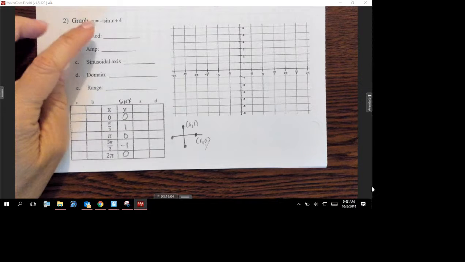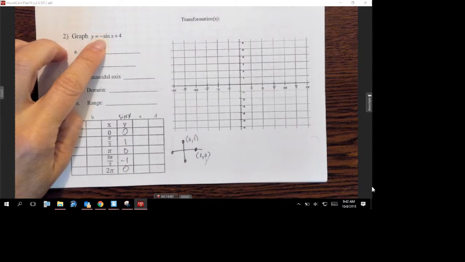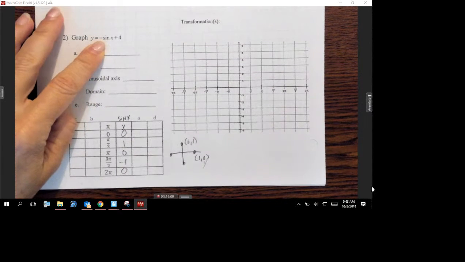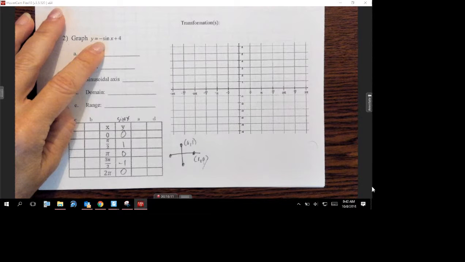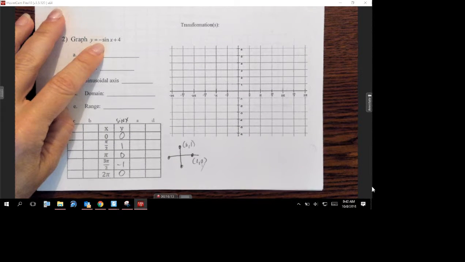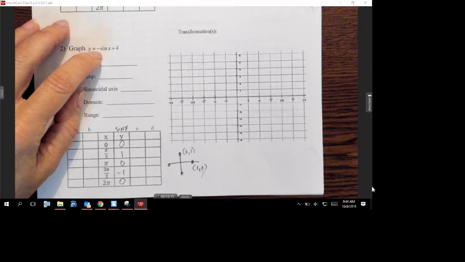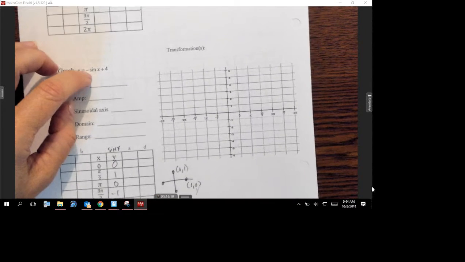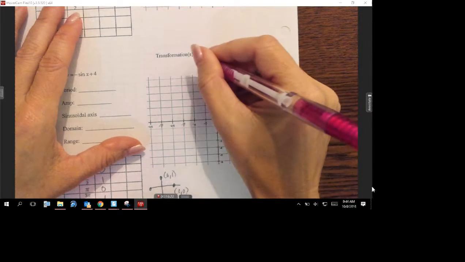Now let's look at the transformations. Who remembers a negative sign out front, outside? What does that mean? Reflect in the x-axis.